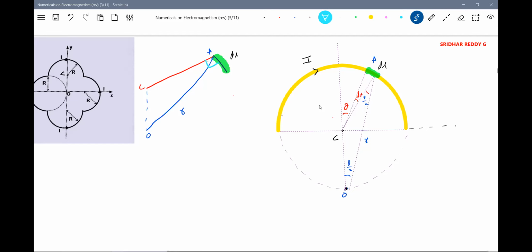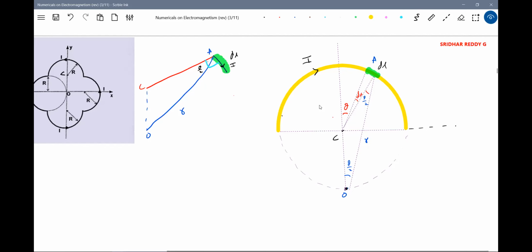So now, what is this angle? It should be equal to theta by 2, as I indicated. Now, what is the angle between I dl and R bar? The angle is 90 minus theta by 2.